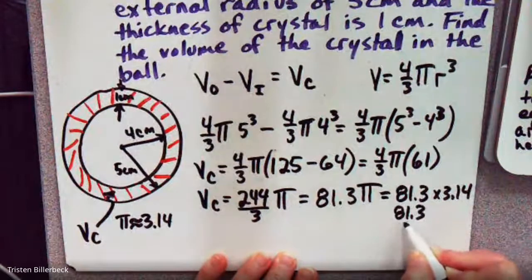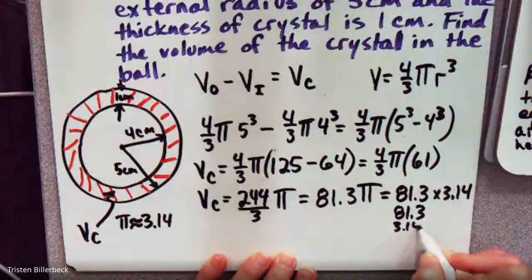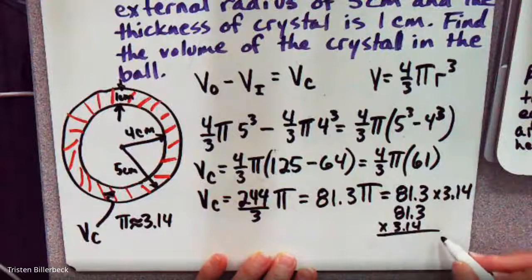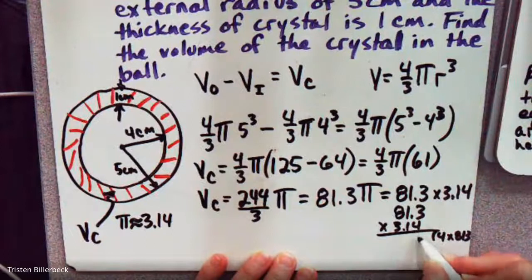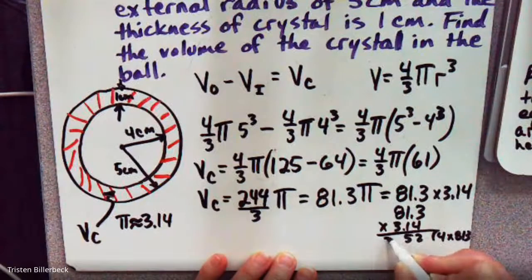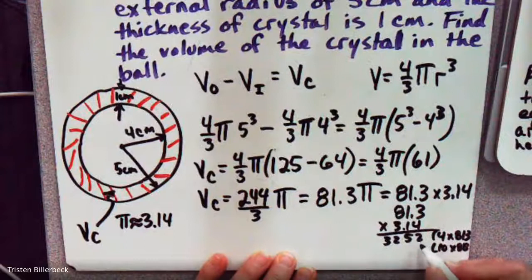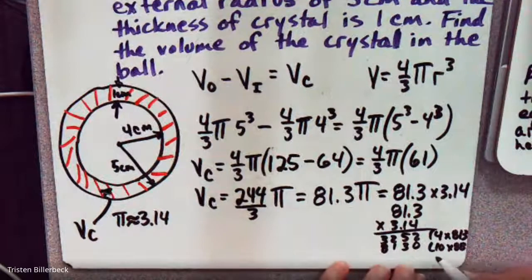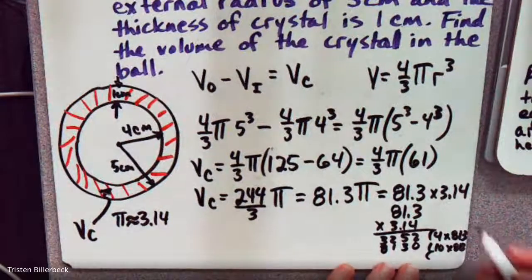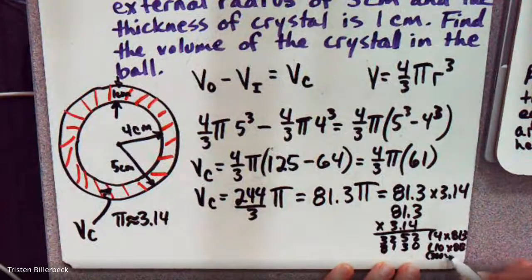Okay, so 81.3 times 3.14. On this line we're doing 4 times 813, so we have 3252. This line is 10 times 813, so we have 0, and then we have 813. This line, hopefully I will have room, is 300 times 813.